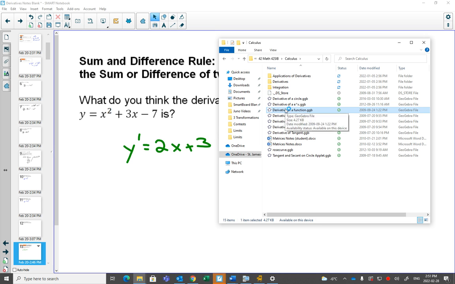Here's a little program that I wrote in Geogebra. I don't know if you've ever heard of Geogebra. Geogebra is a free online graphing program. Maybe not as intuitive as Desmos, but really quite powerful.